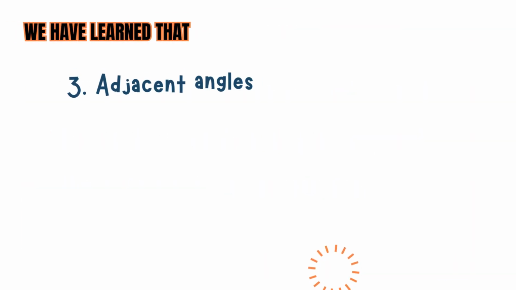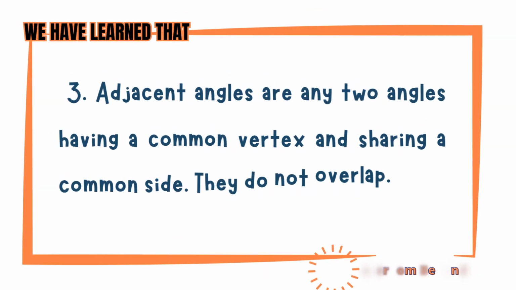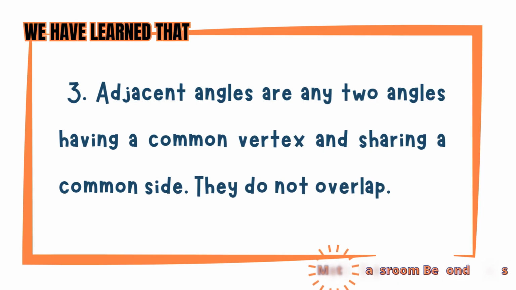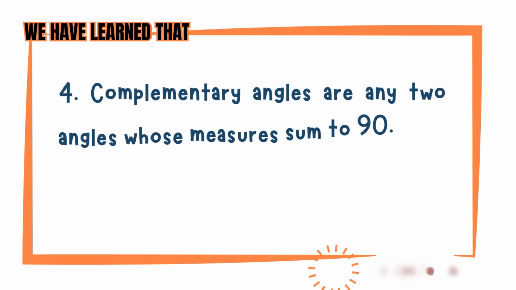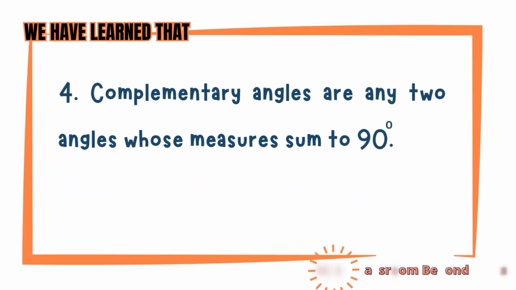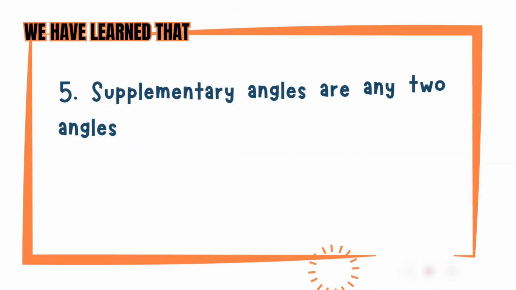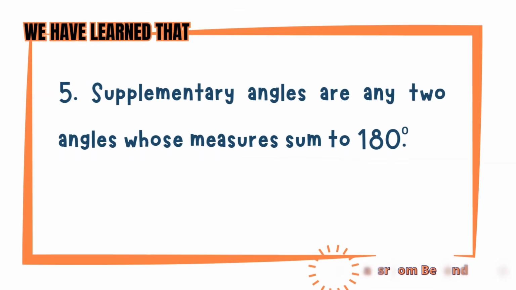Third, adjacent angles are any two angles having a common vertex and sharing a common side. They do not overlap. Fourth, complementary angles are any two angles whose measures sum to 90 degrees. Fifth, supplementary angles are any two angles whose measures sum to 180 degrees.